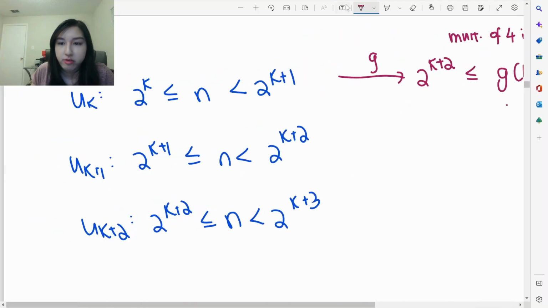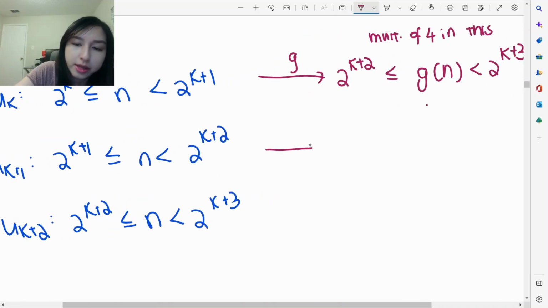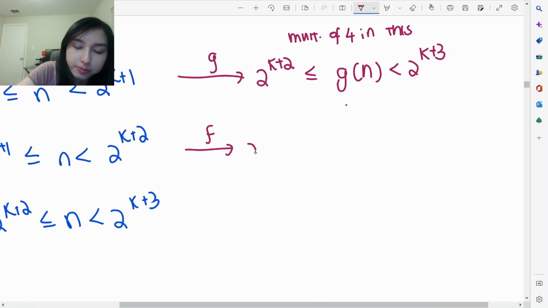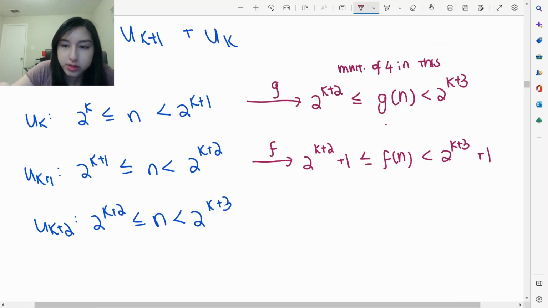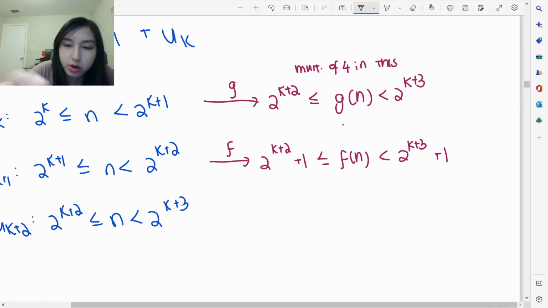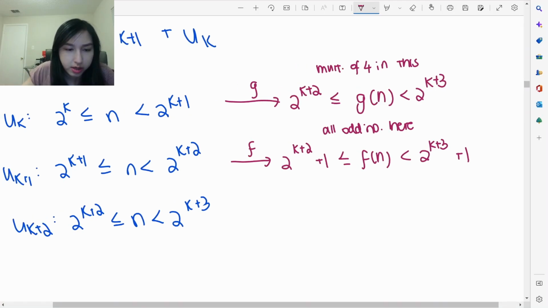And what about this? If we apply f, we would get 2k plus 2 plus 1 is less than or equal to fn is less than 2k plus 3 plus 1. This is all odd numbers here. So technically I need 2k plus 2 and 2k plus 3.